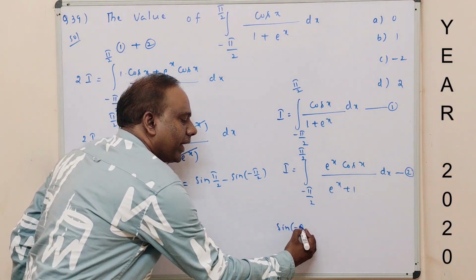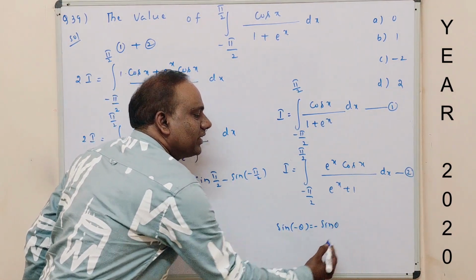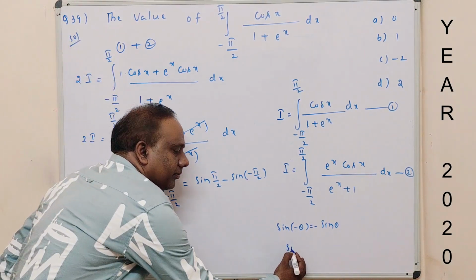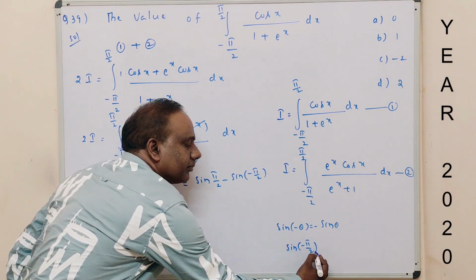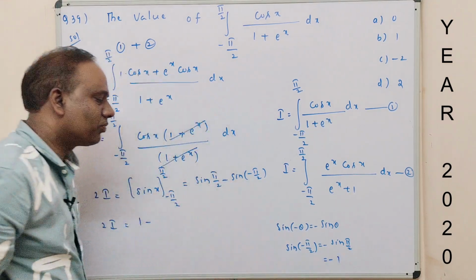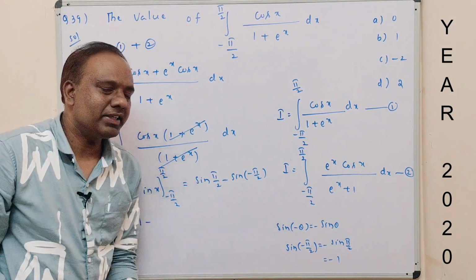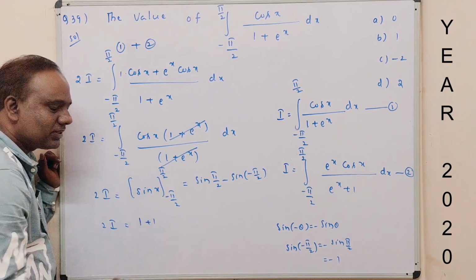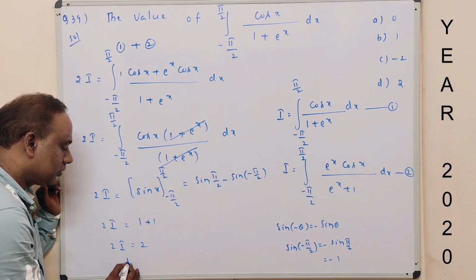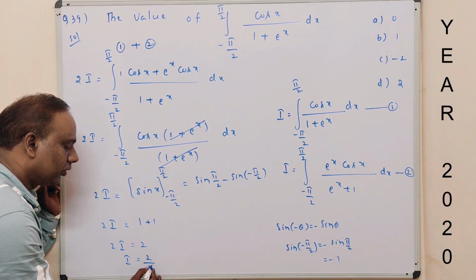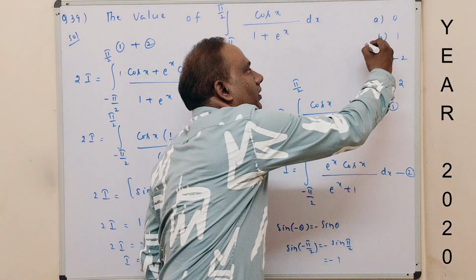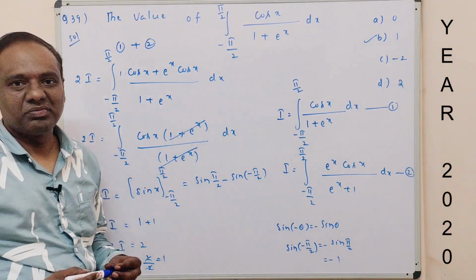Actually sin of minus theta is equal to minus sin theta, so that is minus sin 90, which is minus 1. Minus into minus is plus 1. So 2I is equal to 1 plus 1, which is 2. So I is equal to 2 by 2, the 2s cancel, and I is 1. So option B is the correct answer.